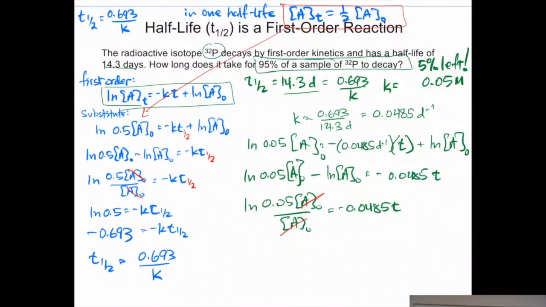Now we have natural log of 0.05 is equal to minus 0.0485 T. So T is equal to the natural log of 0.05 divided by negative 0.0485.